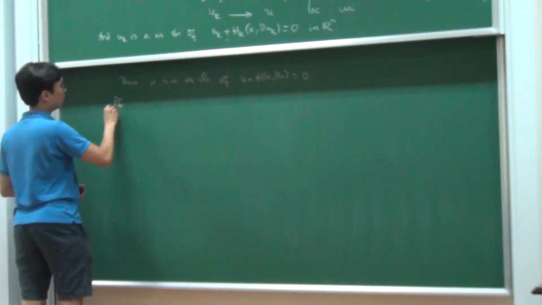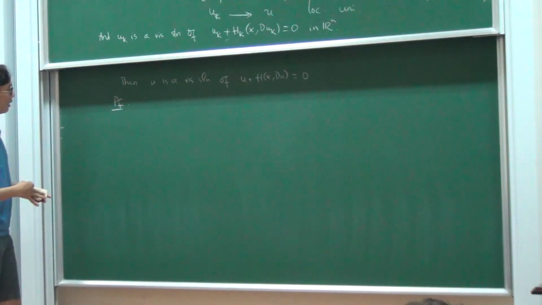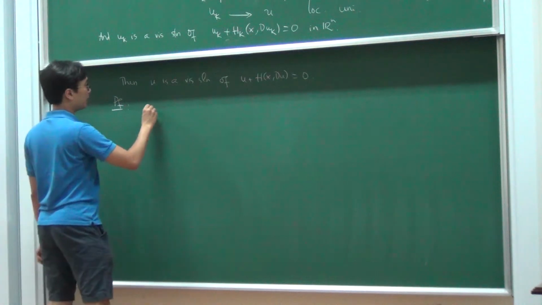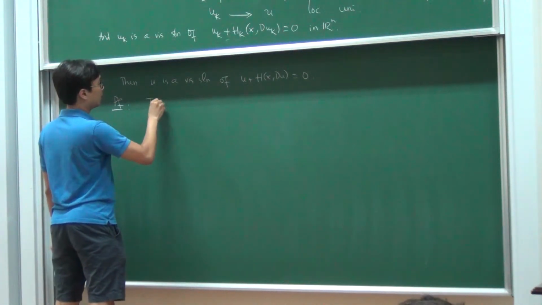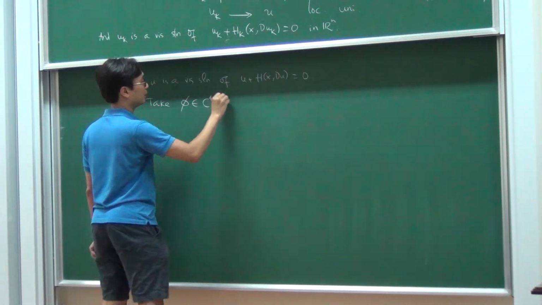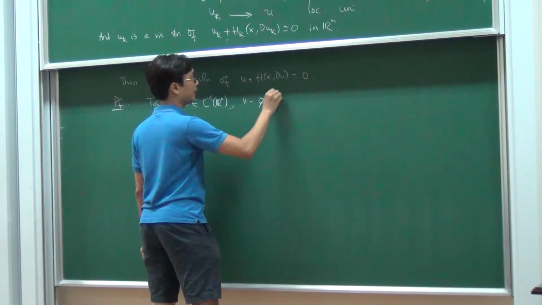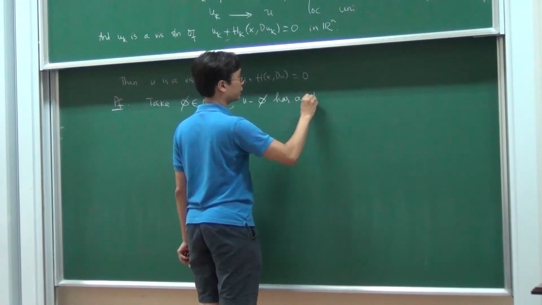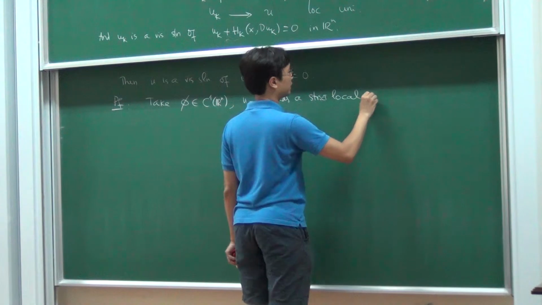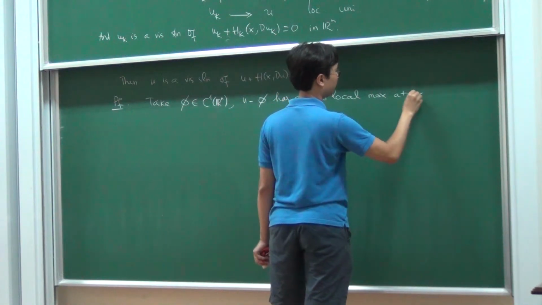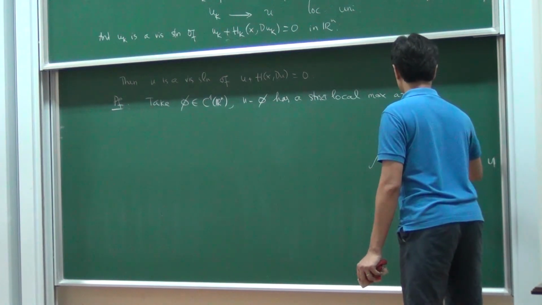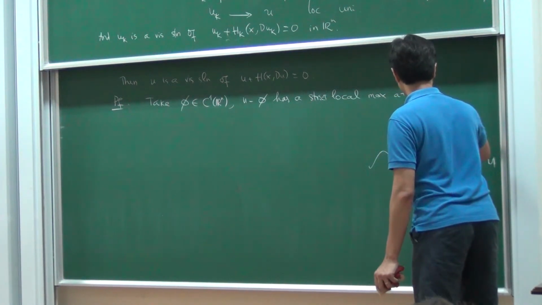Sketch of proof. It's the same thing as one of the techniques we used yesterday. So if I take phi in C1(R^n) and u minus phi has a strict local maximum at x0. So here's my u at x0, and I take the test function phi.